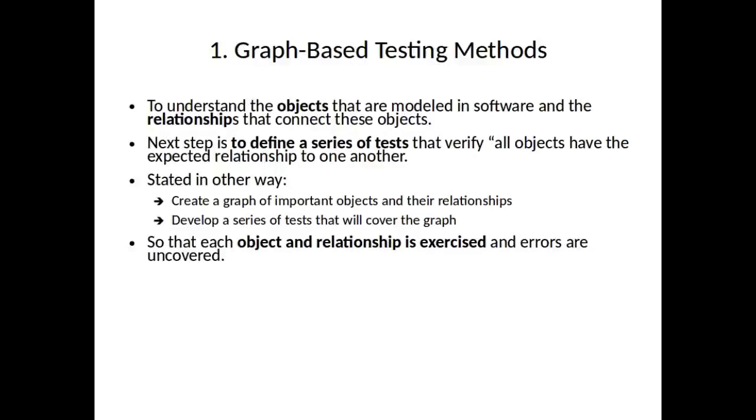Stated in another way, software testing begins by creating a graph of important objects and their relationships, and then devising a series of tests that will cover the graph so that each object and relationship is exercised and errors are uncovered.